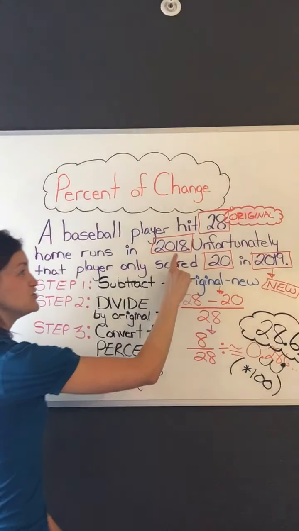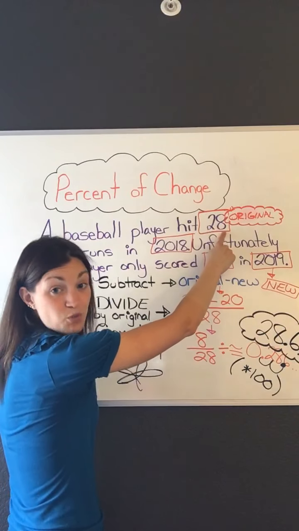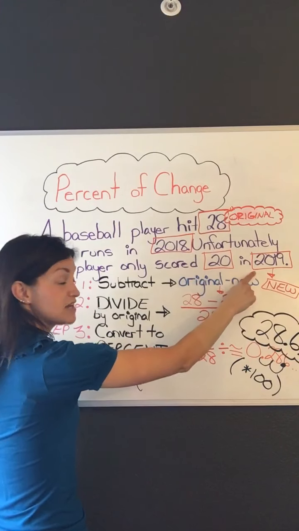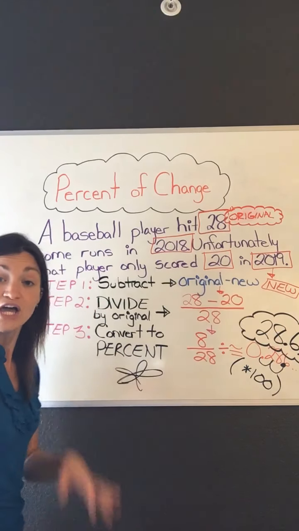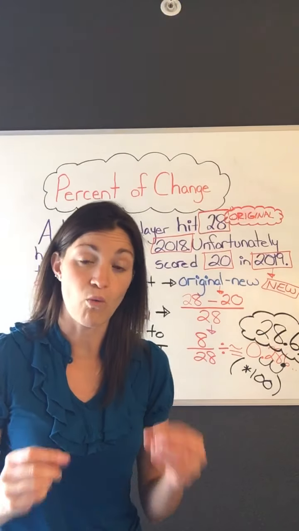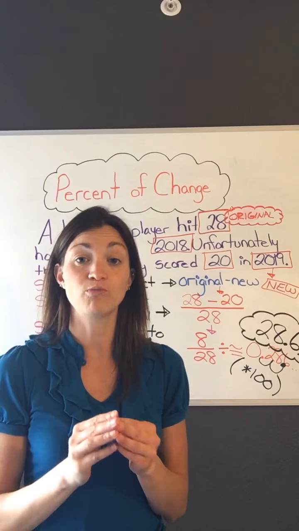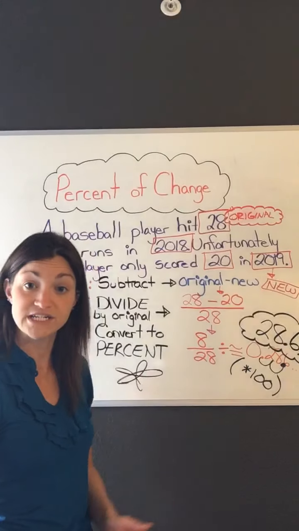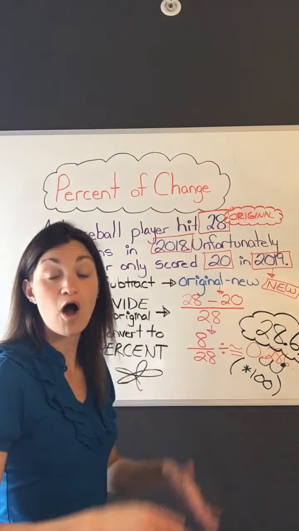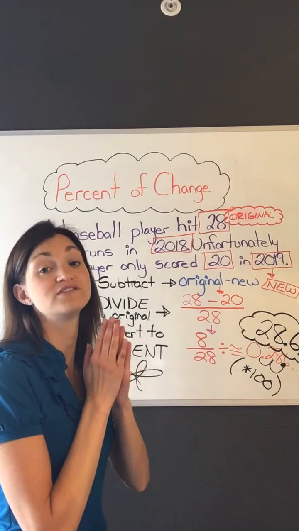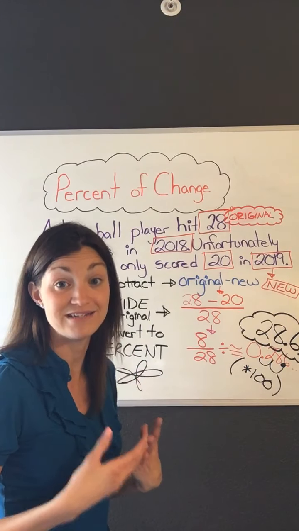Real quick. 2018, he scored 28 home runs. 2019, last year, he scored 20 home runs. Did his amount or quantity of total home runs increase or decrease? 28 to 20, you have lost home runs. Your home runs have decreased, they have gone down.